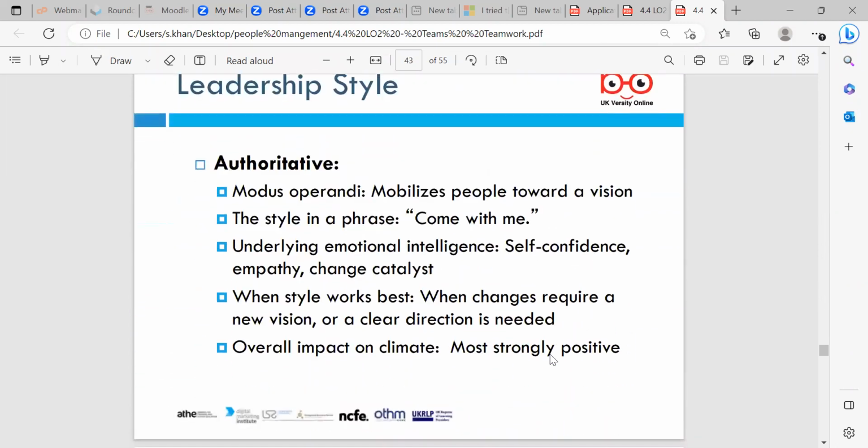Leadership style, authoritative. So this is modus operandi: mobilizes people towards a vision. The style in a phrase: come with me. Underlying emotional intelligence: self-confidence, empathy, change catalyst.